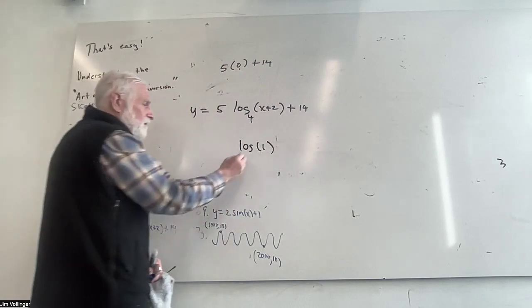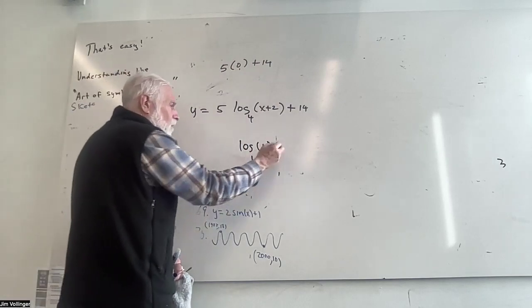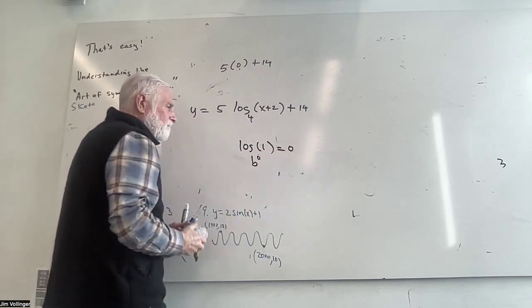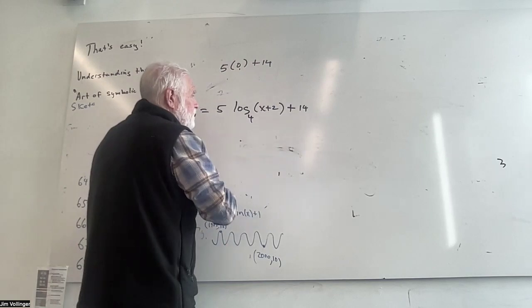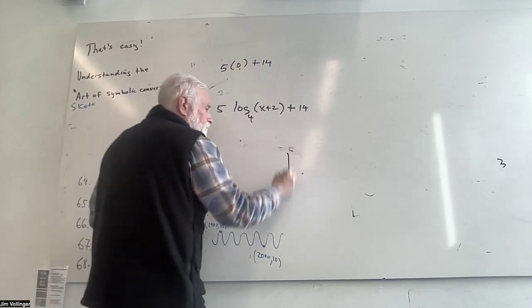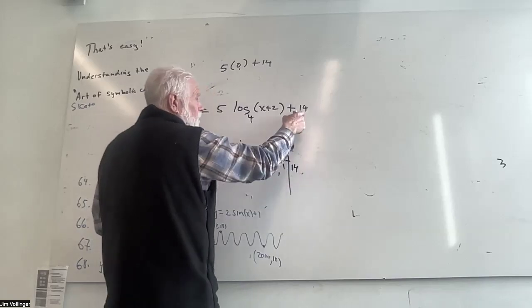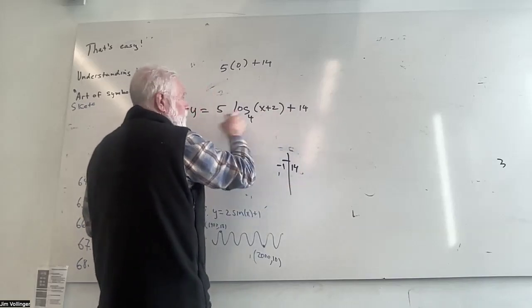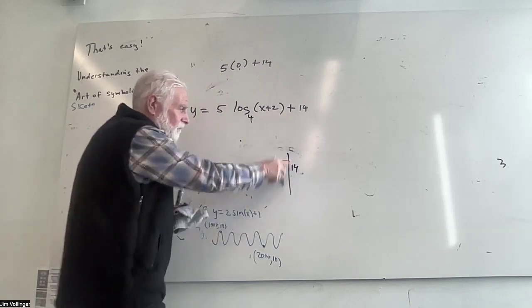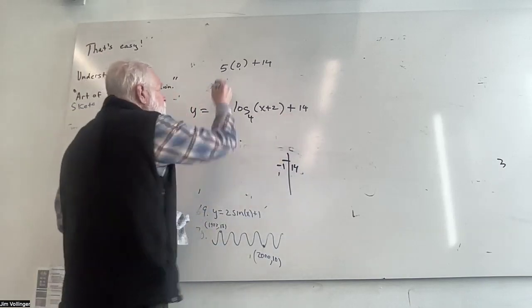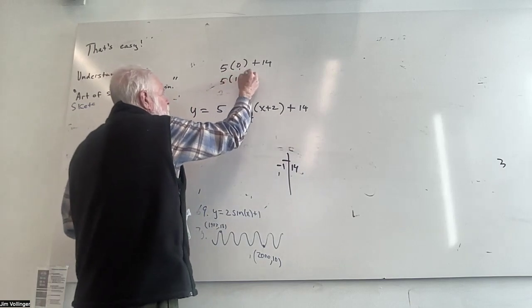I don't care what the base is, b to the 0, that 0 goes here, gets me 1. All right, so I can see -1 gets me that 14. In other words, once I get the 1 here, I don't even look here anymore. I just look there. -1 gets me 14.